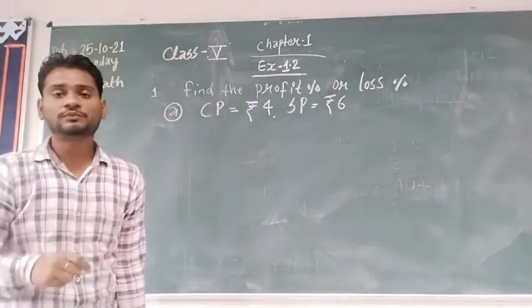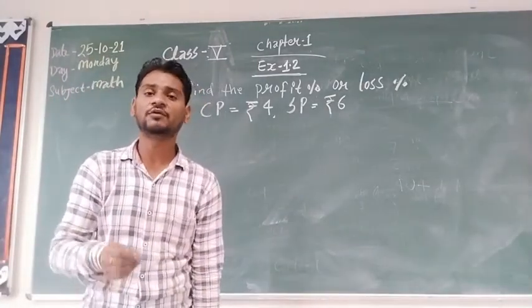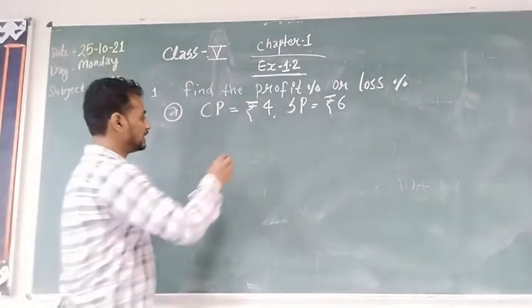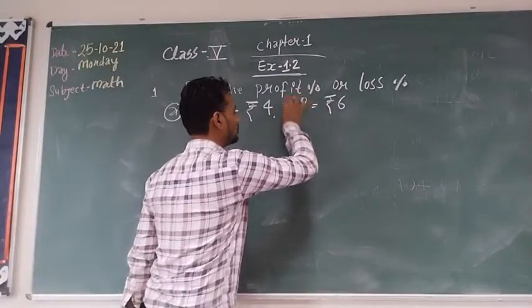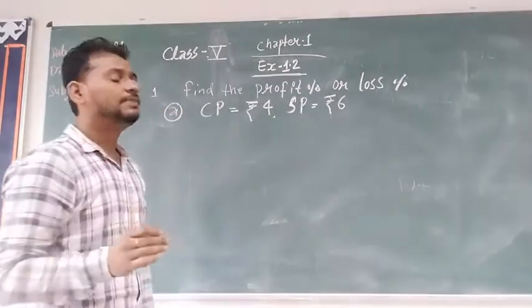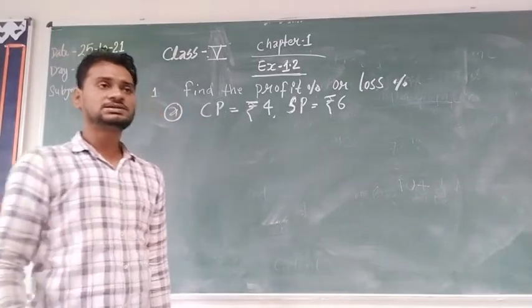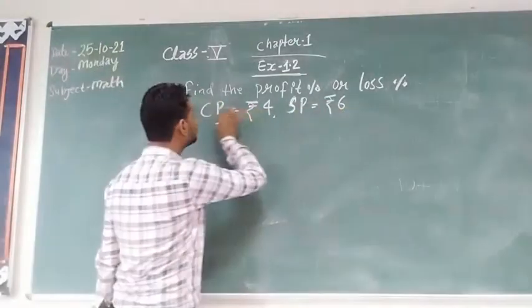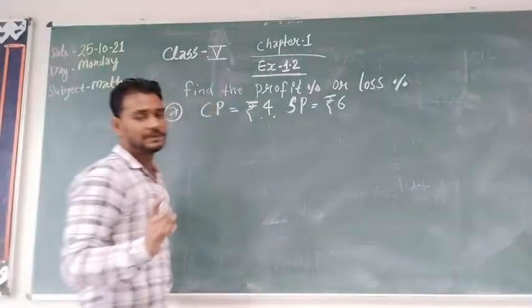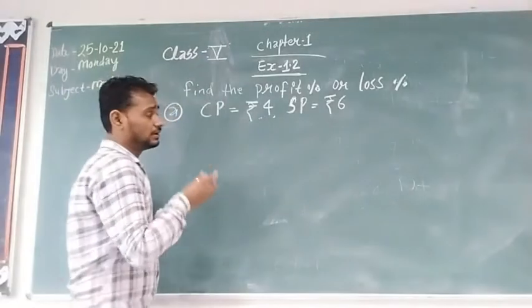Before that, we have to find whether it is profit or loss. We all know that when the sale price is greater than the cost price, there is profit. Here the sale price is 6 rupees and the cost price is 4 rupees, so in this case there is profit.